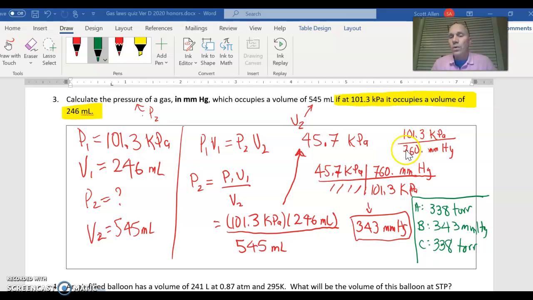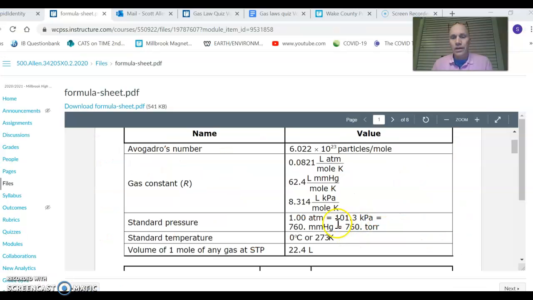We know a conversion between these, and the place that we can get this information from is all these standard pressure values. We know that 101.3 kilopascals is the same as 760 millimeters of mercury.